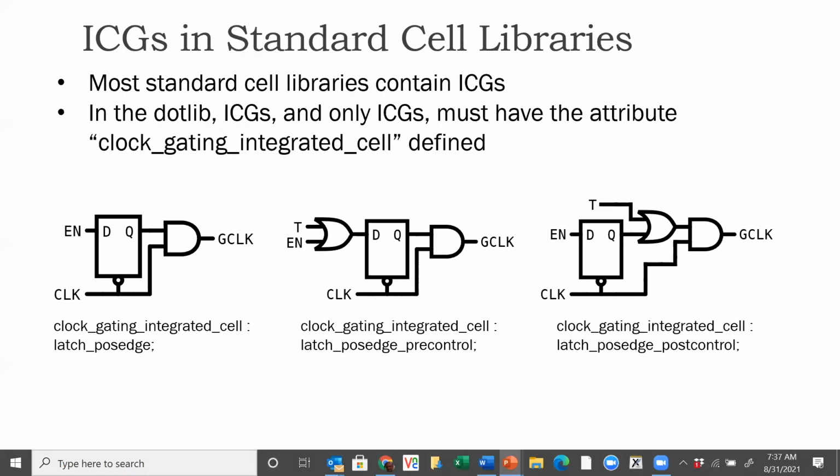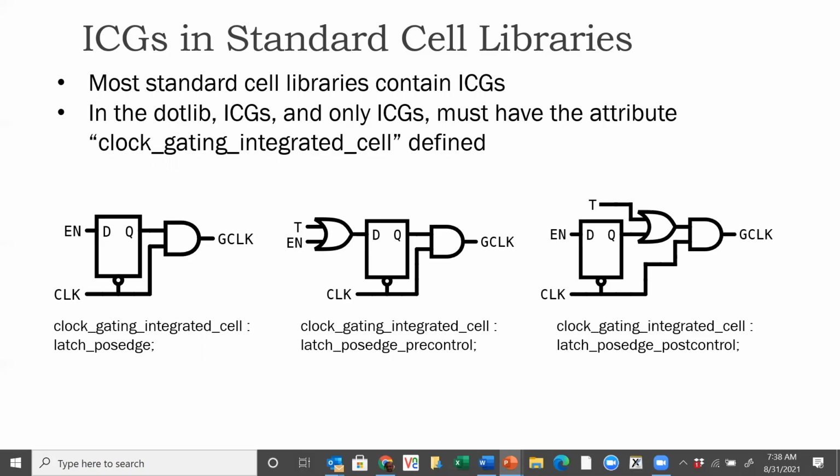Now, most standard cell libraries contain ICGs. In the .lib, ICG cells and only ICGs will have the attribute clock_gating_integrated_cell defined. So if you do a grep for clock_gating_integrated_cell or just clock_gating in the .lib, you will see if the standard cell library has ICGs, because you will see some lines being produced as output by the grep command.